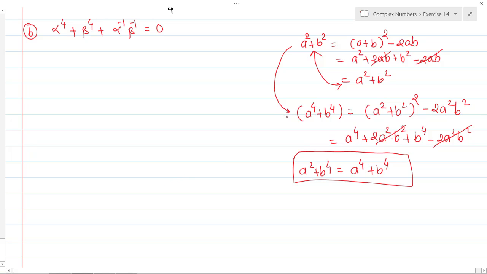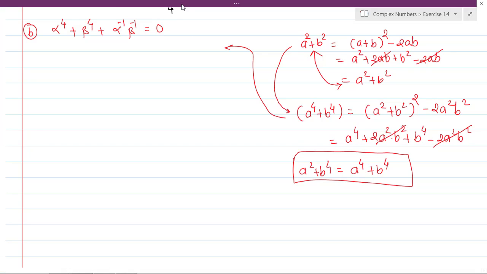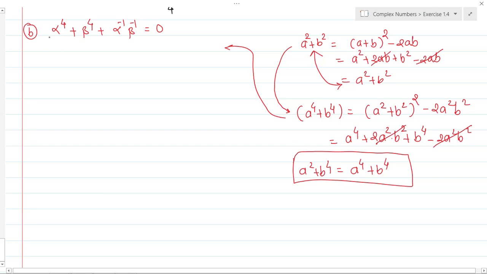So with the help of this, I can write the given question like this: (alpha square plus beta square) whole square minus 2 alpha square beta square, plus, see, this term belongs to alpha to the power 4 and beta to the power 4.